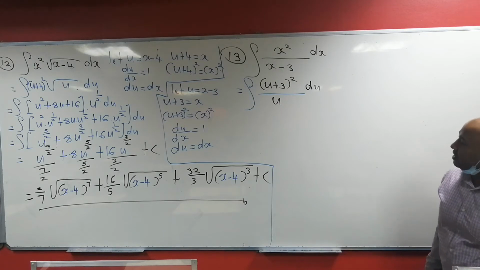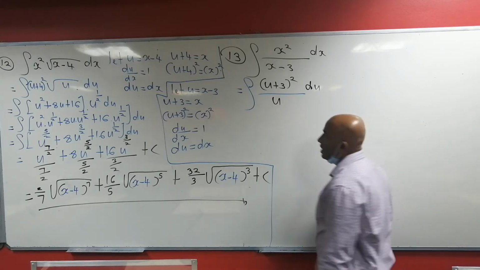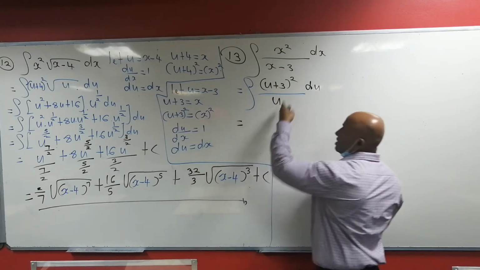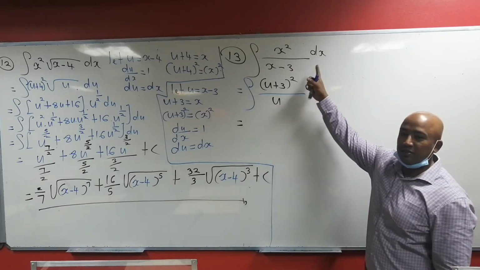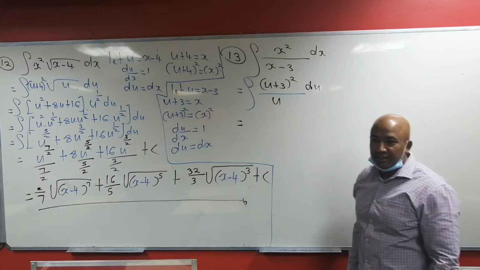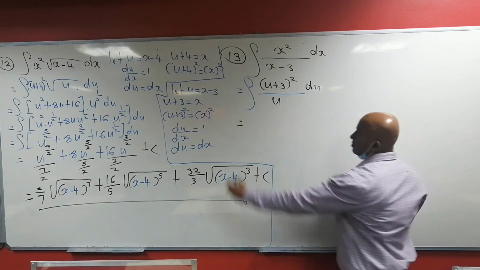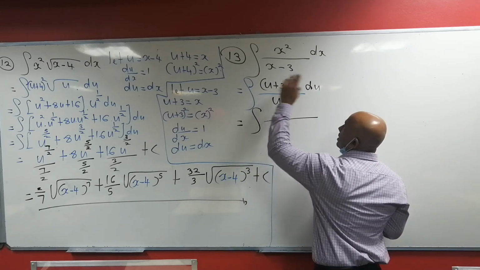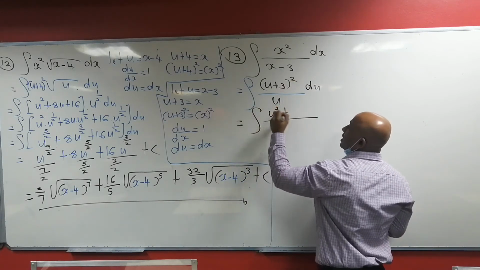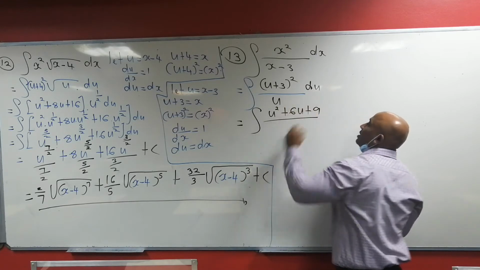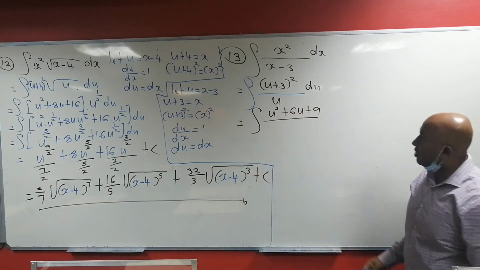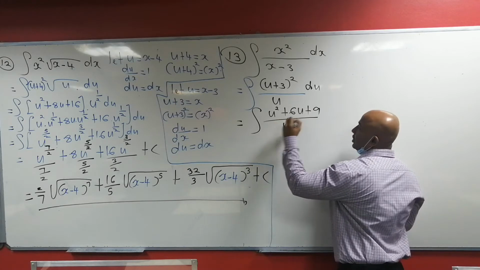Right, you can see now it's all about simplifying, like in N4. This is like an N4 problem now, where you have to square it, simplify it. Okay, so now you square this, that's going to be u squared plus 6u plus 9, all divided by u.